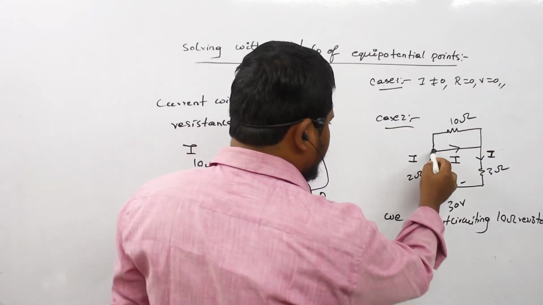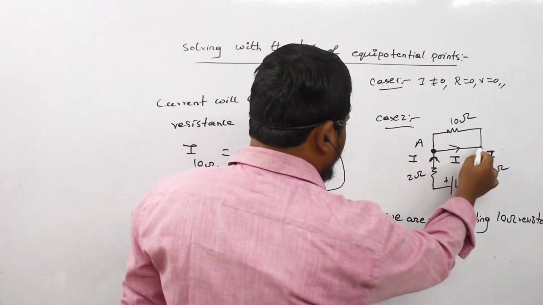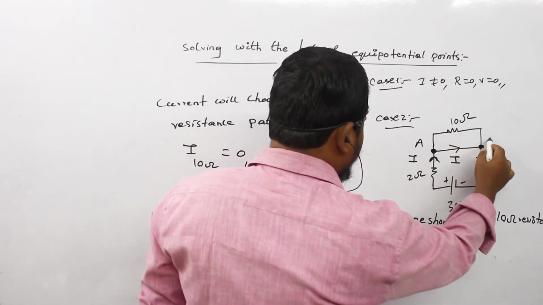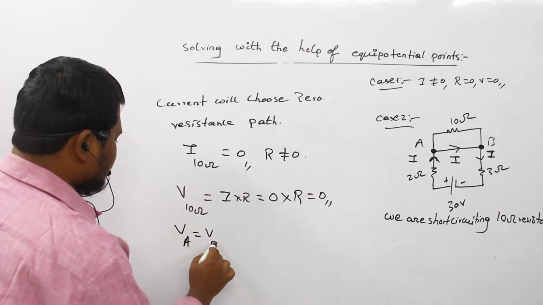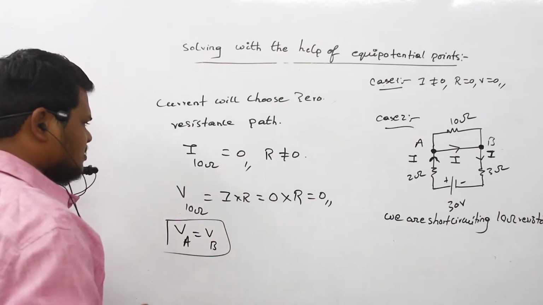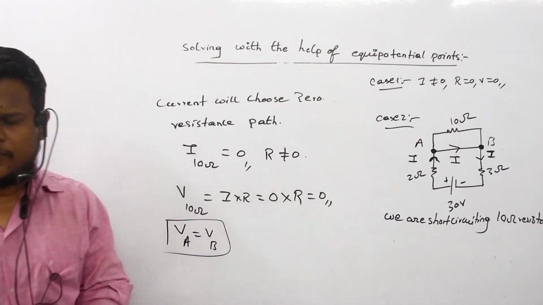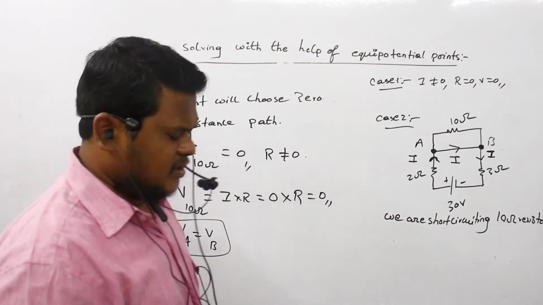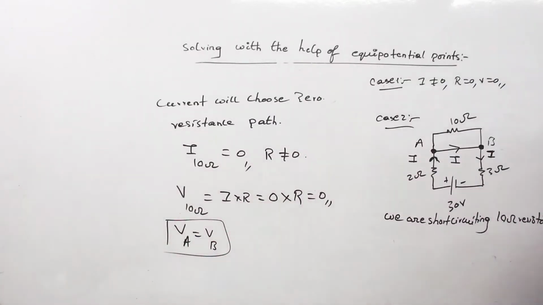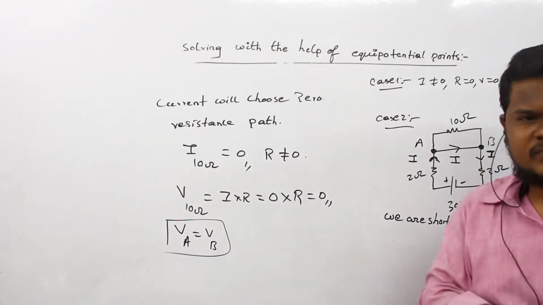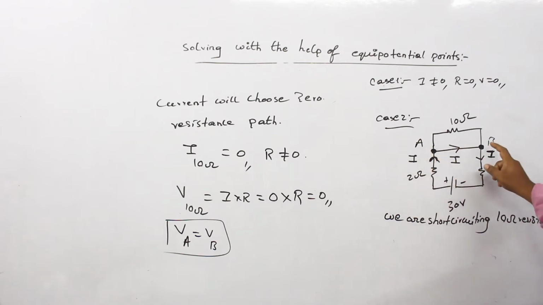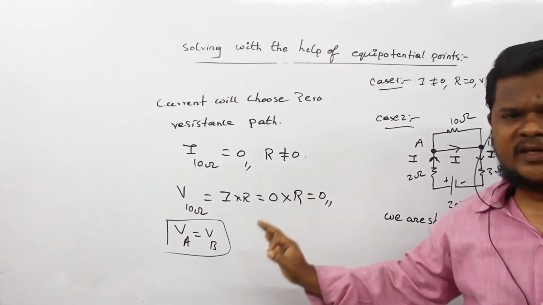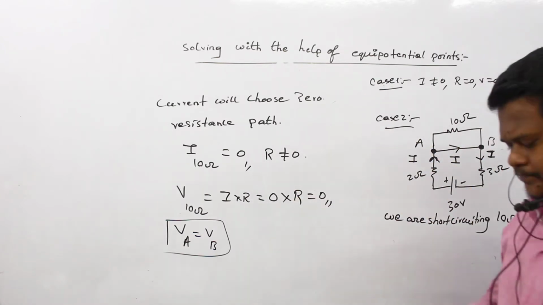If I take this point as point A and this point as point B, now what can I say? I can say the potential at point A is equal to the potential at point B. If the potential at point A is VA and at point B is VB, can I say VA is equal to VB or not?